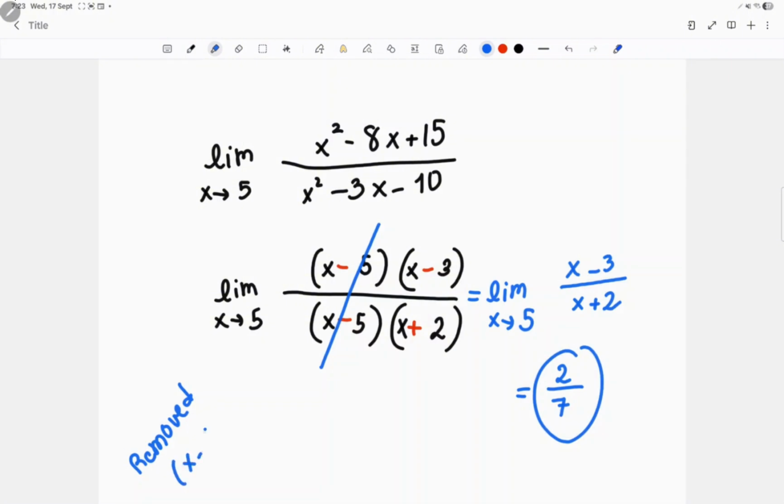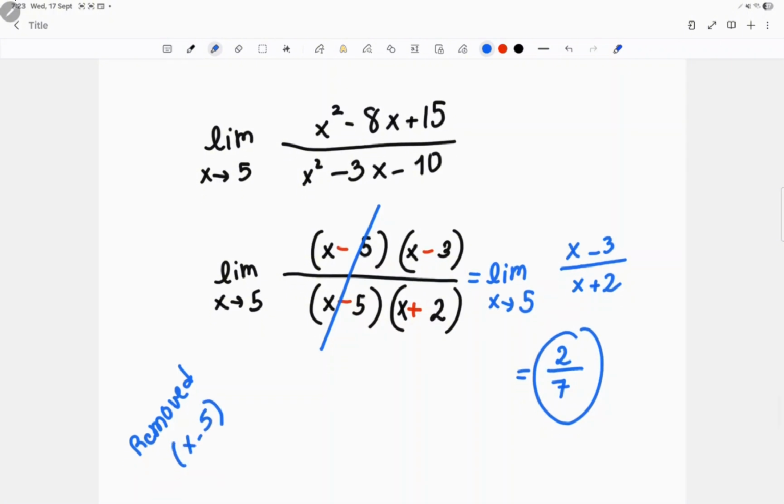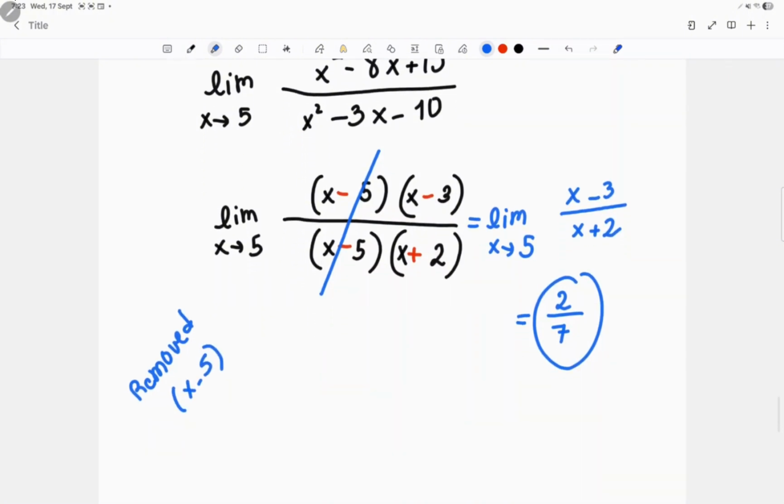the x minus 5. Where'd you get x minus 3, x plus 2? This is the factoring that we did. We removed it, right? Now please equalize it to 0. How much would the x be? So it's going to be a removable discontinuity. How did you get 5 plus 2?